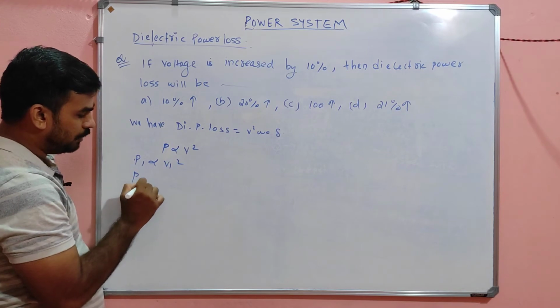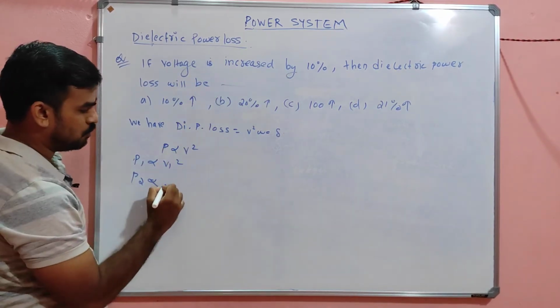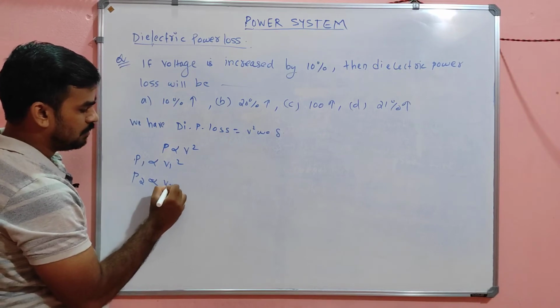Then what will be P2 if voltage is increased by 10%? P2 will be proportional to V2 square.